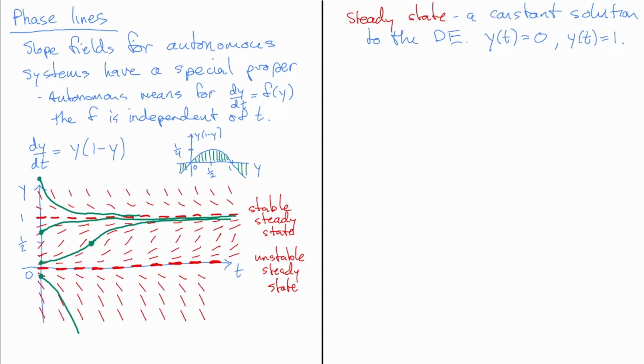Okay, and then stability. A steady state is stable if nearby solutions converge to that steady state.